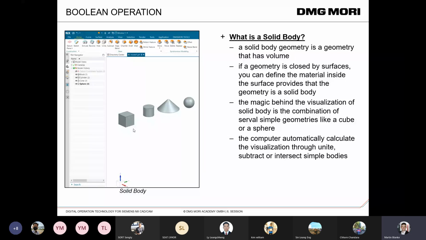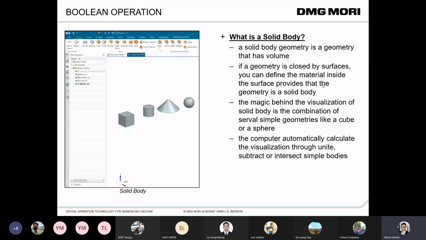So this is math, of course, but at the heart of this technology, the computer works with simple geometries like a cube or a sphere, and with these simple geometries it visualizes complex geometries.